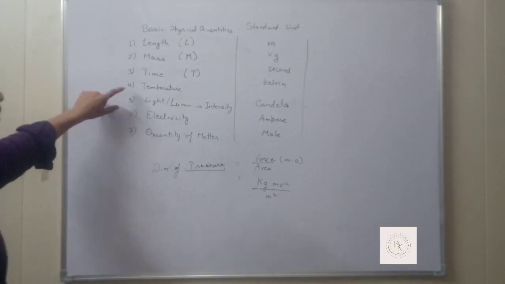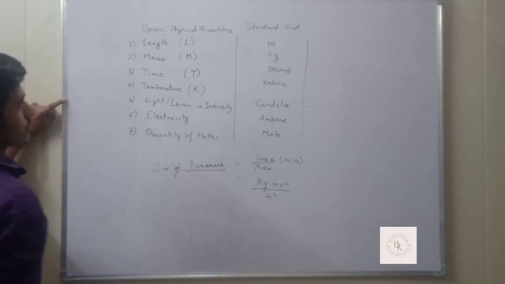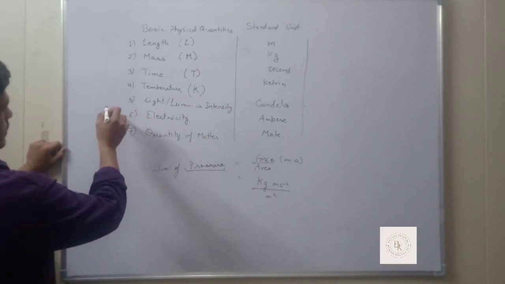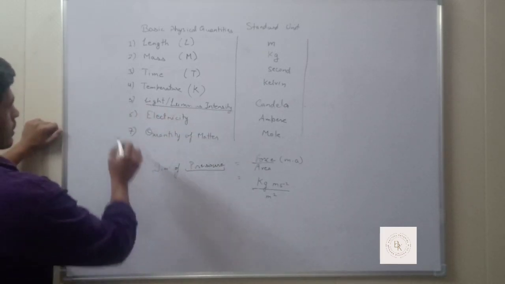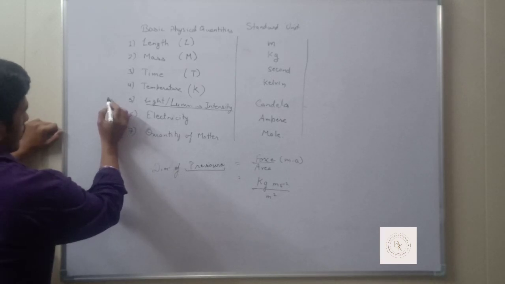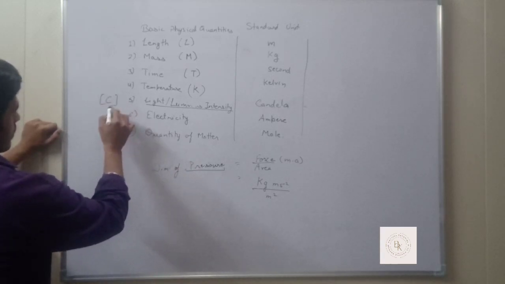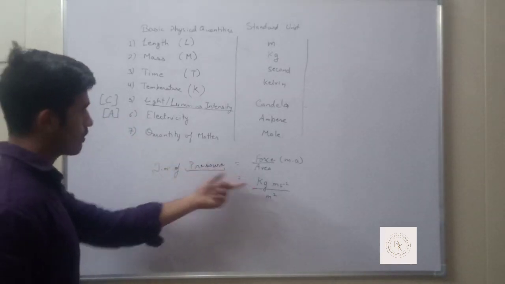For temperature, Kelvin. Then luminous intensity: for luminous intensity we use candela, C, and for electricity, ampere, A. These are the symbols used in the dimension formula.